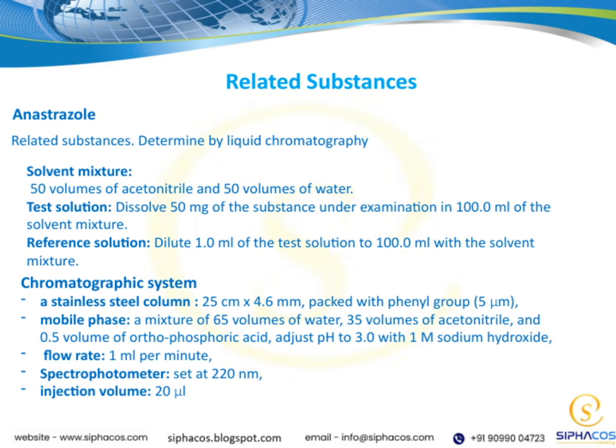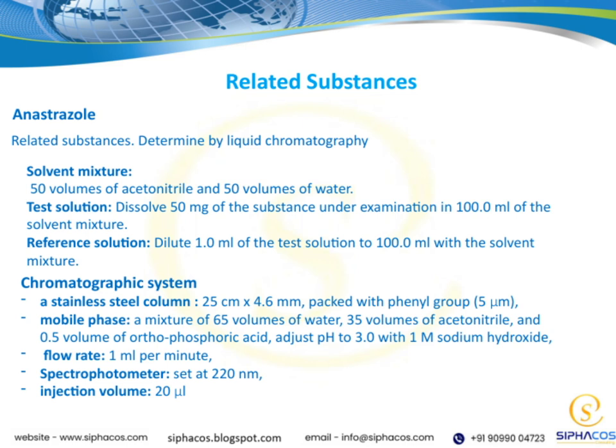The mobile phase is a carefully prepared mixture. It contains 65 volumes of water, 35 volumes of acetonitrile, and 0.5 volume of orthophosphoric acid. We then adjust the pH to 3 using a 1M sodium hydroxide solution. This pH adjustment is crucial for optimal separation and peak shape.